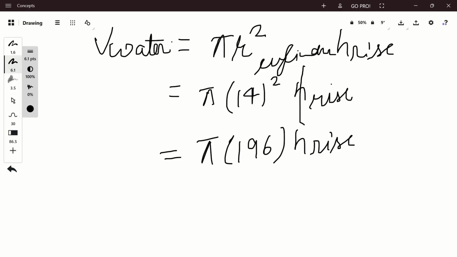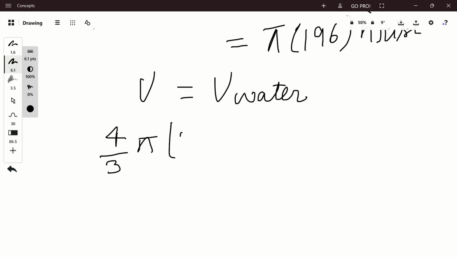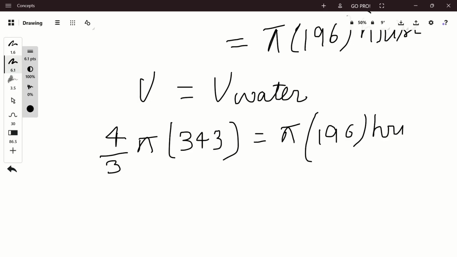That is, V, volume of sphere, is equal to volume of water, that is 4 by 3 pi 343 is equal to pi 196 h rise.